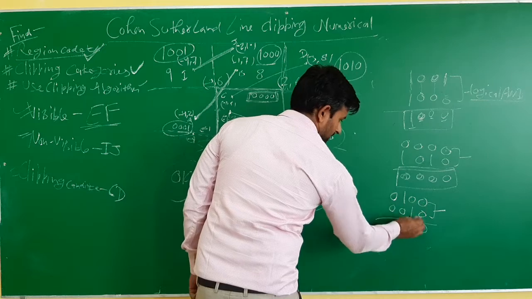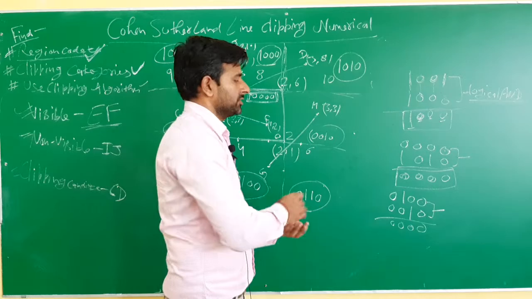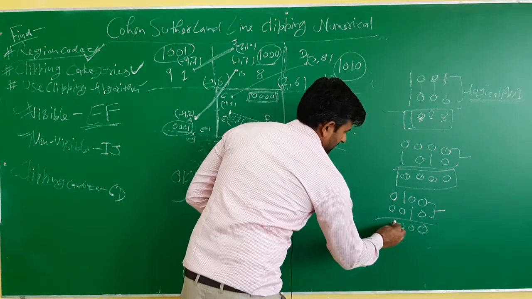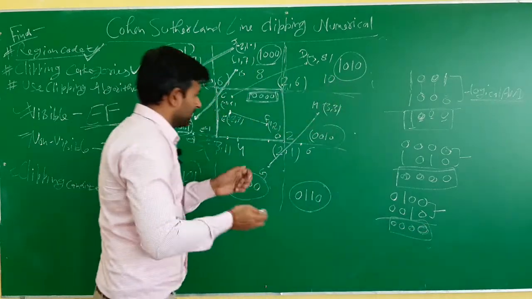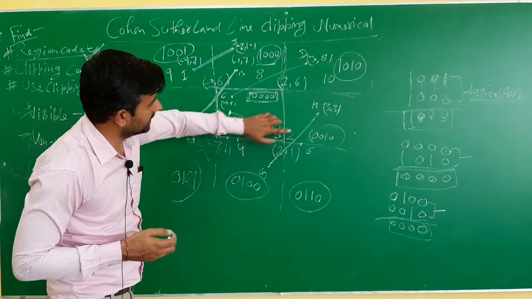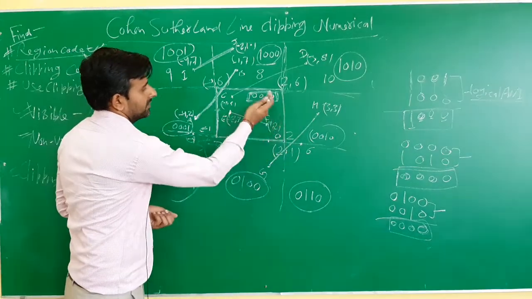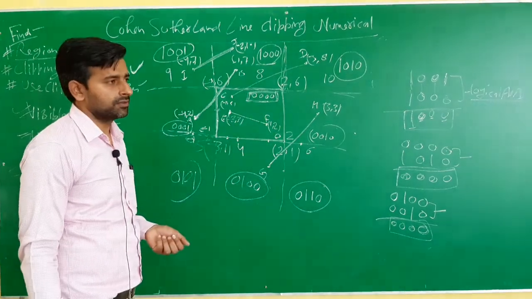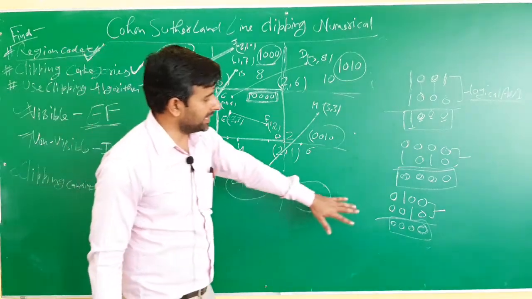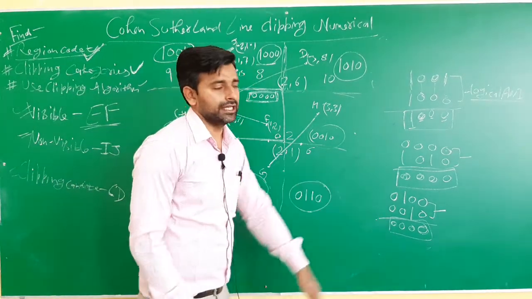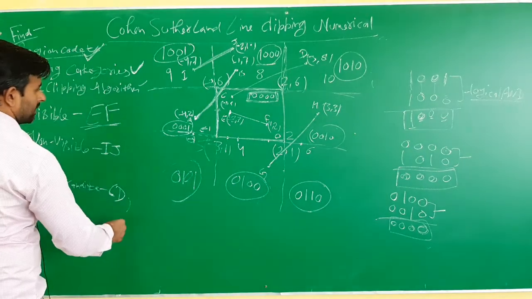When we multiply 0 with any number, we will get 0. Then the logical AND answer is 0 0 0 0. We can see that G and H is also totally outside the window according to the diagram, but the logical AND is 0 0 0 0, so it will fall under the category of clipping candidate.